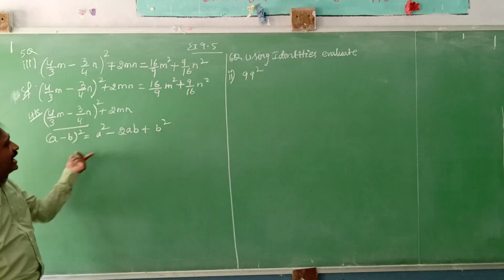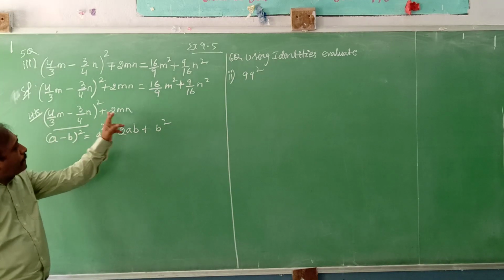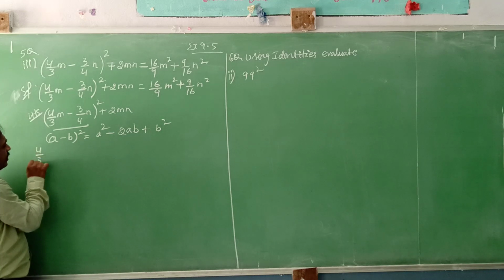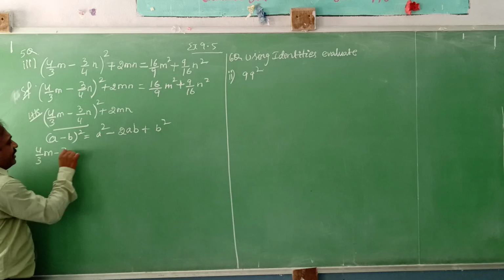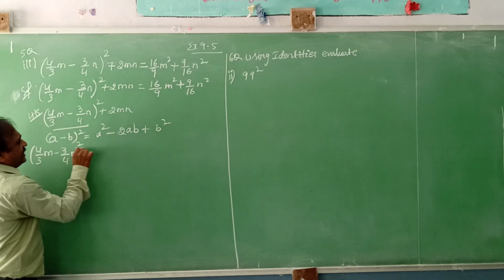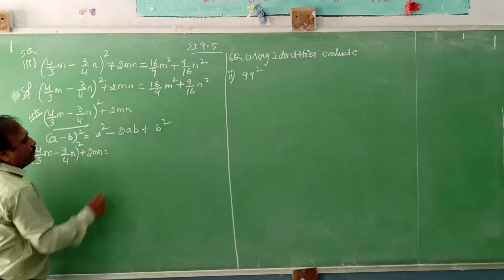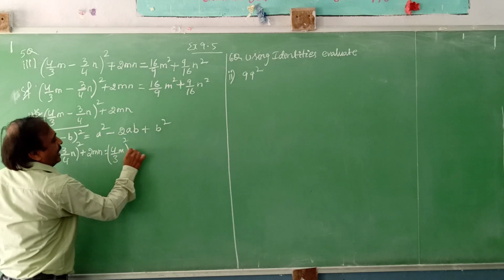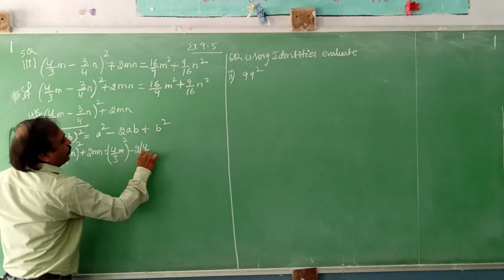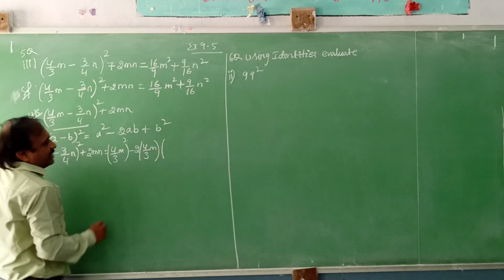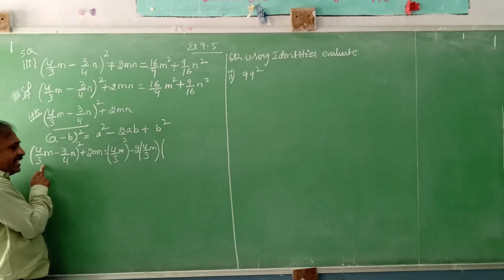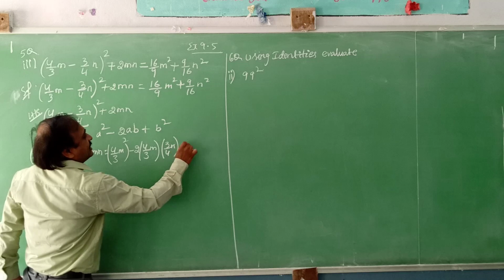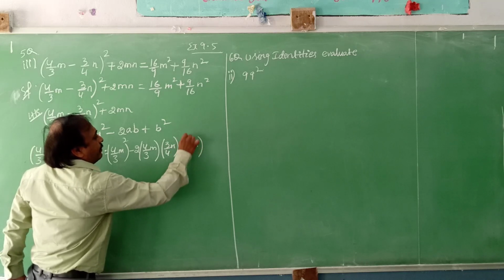This part we are going to expand, and plus 2mn. Observe it. So 4 by 3m minus 3 by 4n whole square plus 2mn is equal to a square, 4 by 3m whole square, minus 2ab, 2 into 4 by 3m into 3 by 4n, plus b square, 3 by 4n whole square.